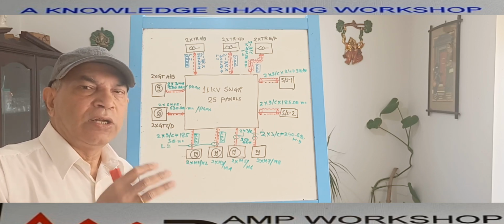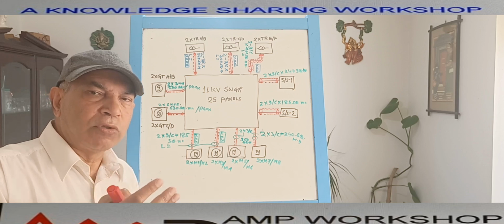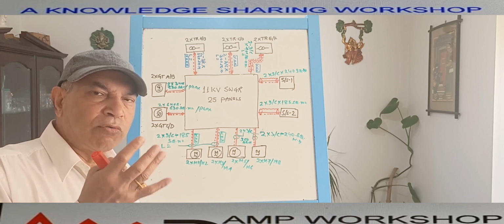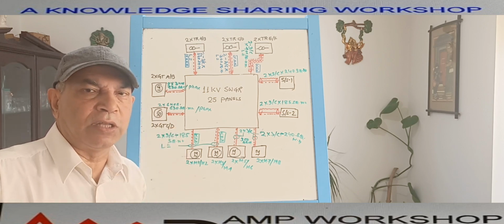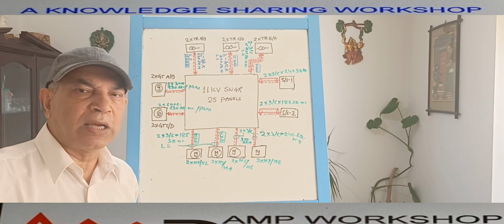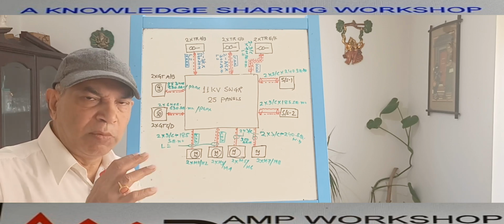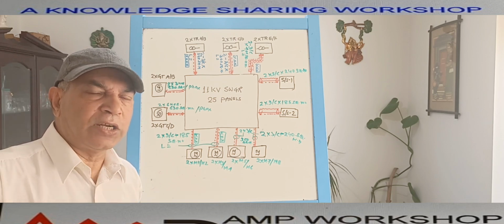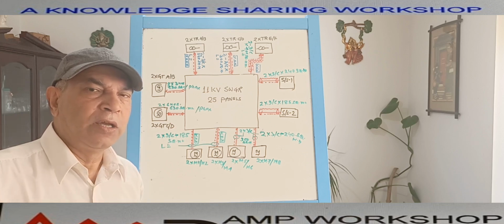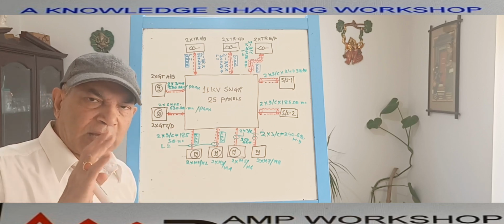All the power cables are pictorially represented on the drawing, and that drawing is called the cable block diagram. We represent all the equipment in block form, and these blocks are connected by cables. The cable details are shown on the drawing. That is the cable block diagram.